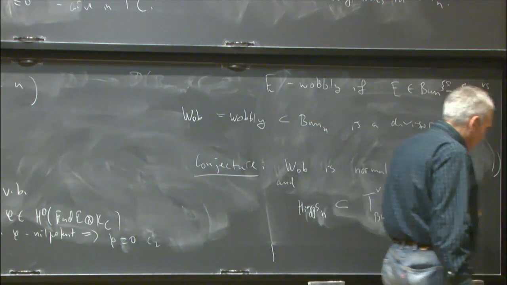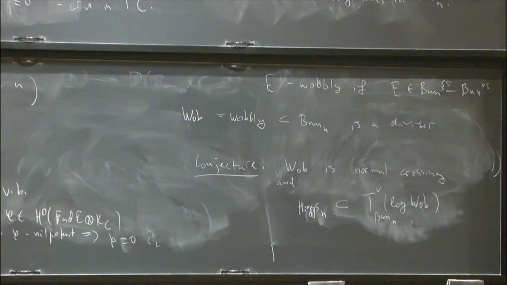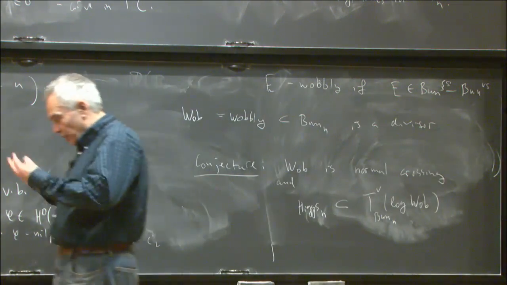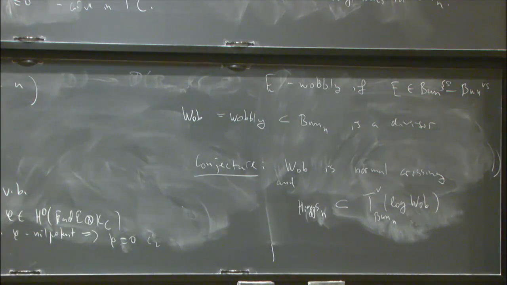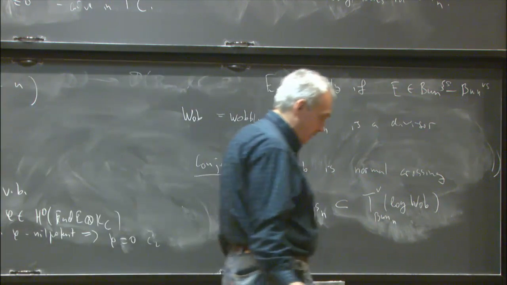But what I want to say now is that away from this wobbly divisor, of course you can construct a Higgs bundle, but it's now a Higgs bundle on a quasi-projective variety.